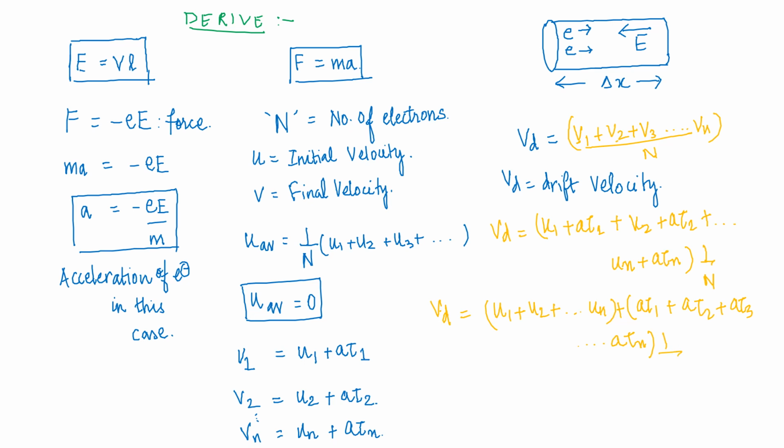This is in addition, and this will also be divided by capital N, because capital N is the number of our electrons. Now changing it up, we will get Vd equals to U plus A tau. That is the general equation.